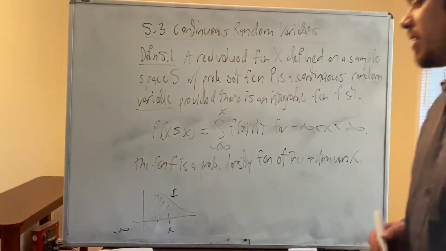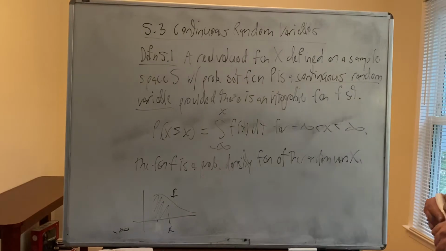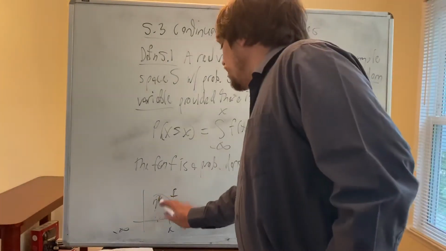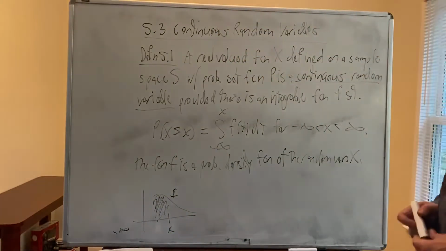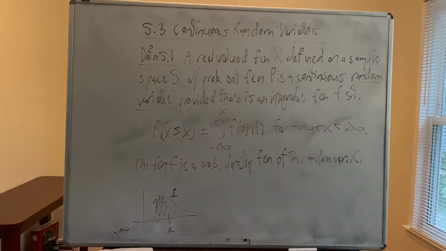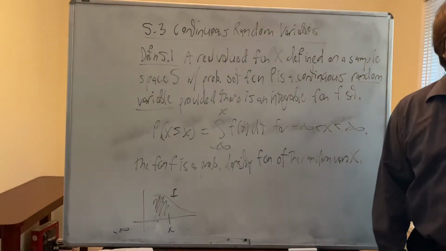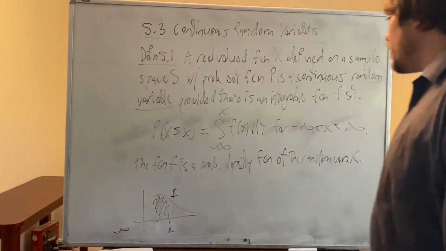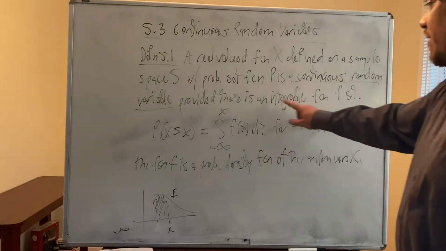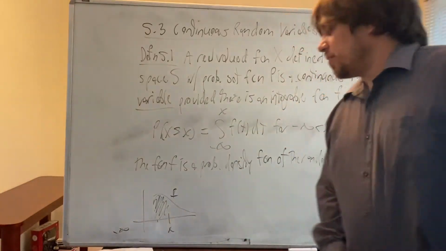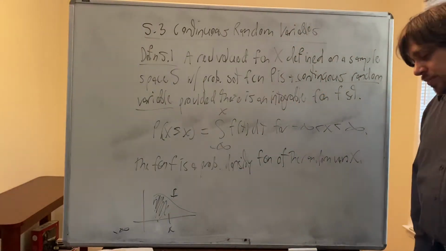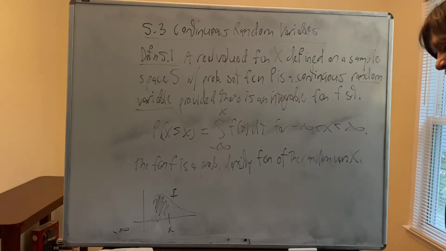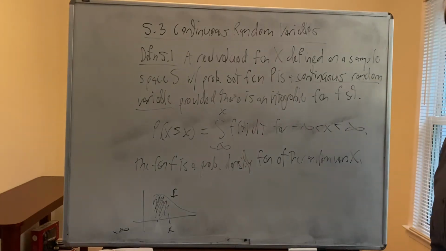So if you integrate from negative infinity to x, and you sum up all the values of this probability density function up to and including x, if you can do that, then you have a continuous random variable. Okay, this f has to be integrable. That's mentioned here. So that's the definition.